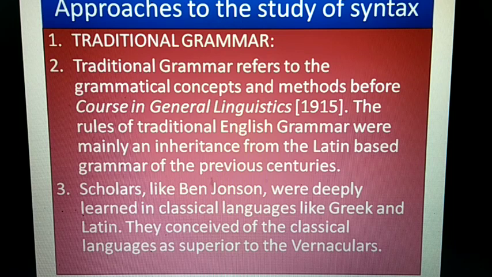Traditional grammar refers to the grammatical concepts and methods before Course in General Linguistics of 1915. Remember Ferdinand de Saussure. Ferdinand de Saussure is the father of modern linguistics, the scientific study of language, all right?